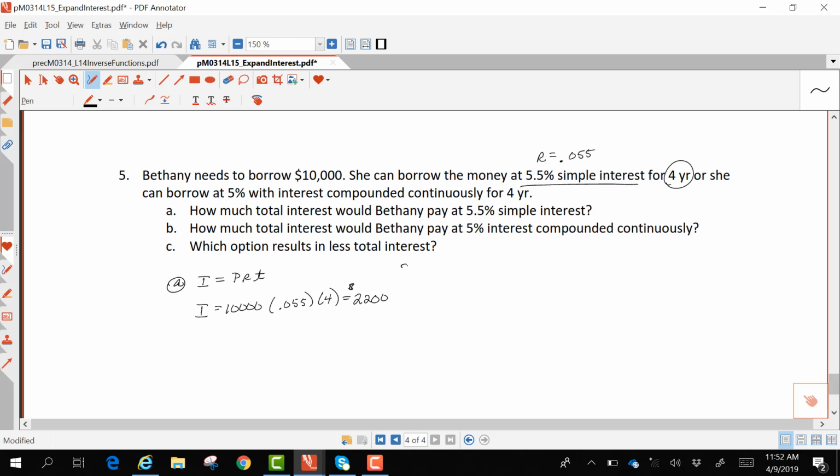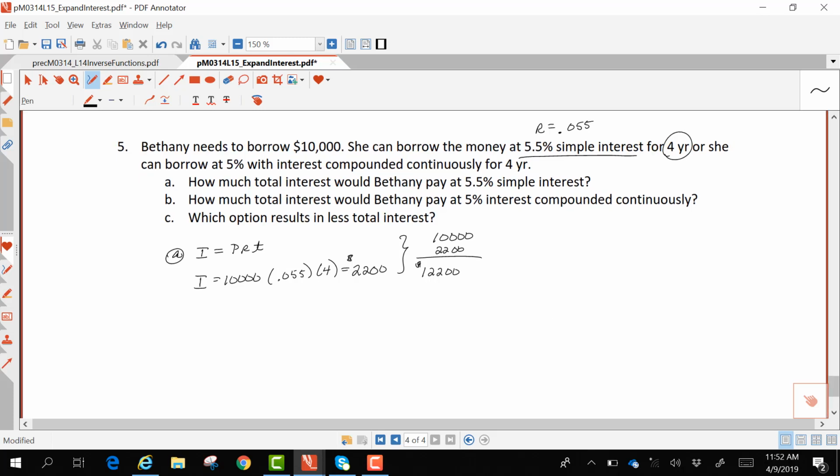So in other words, she took out a loan for $10,000, and she also owes the bank $2,200 in interest. So this means she's going to owe the bank $12,200 at the end of 4 years. The interest amount is the $2,200.